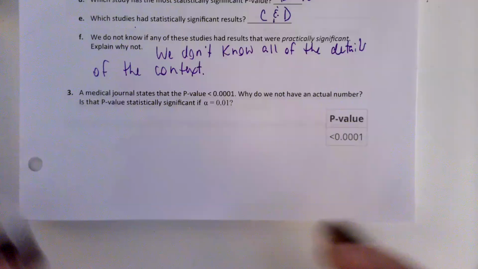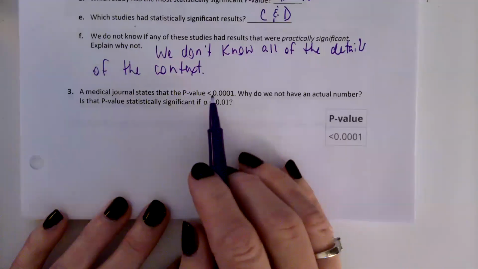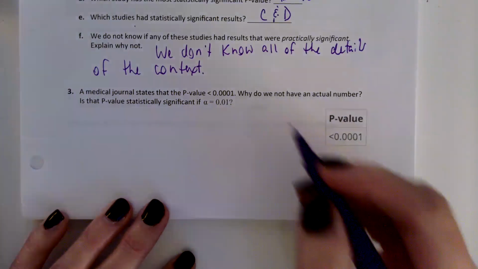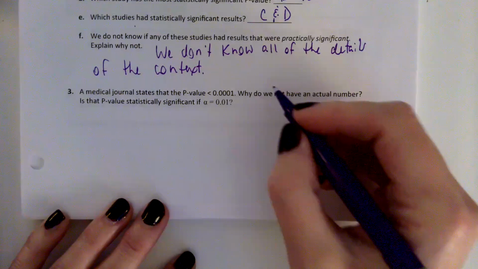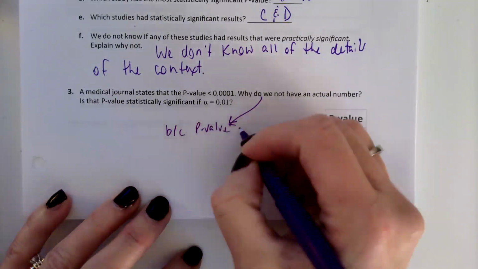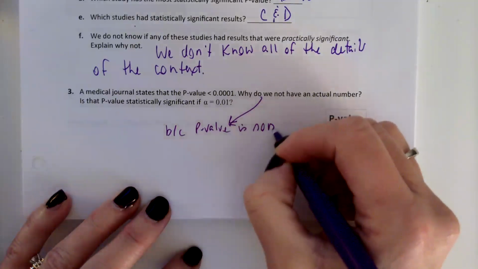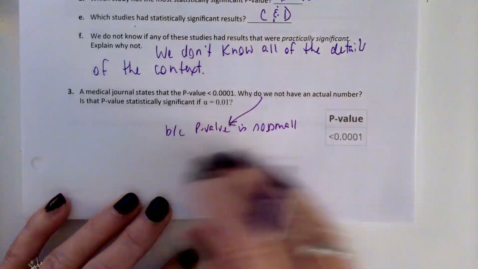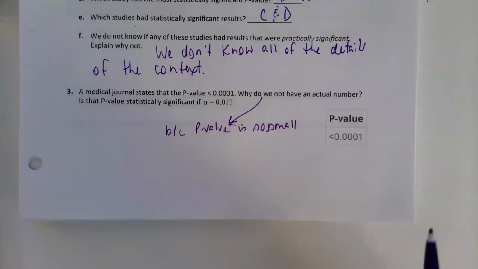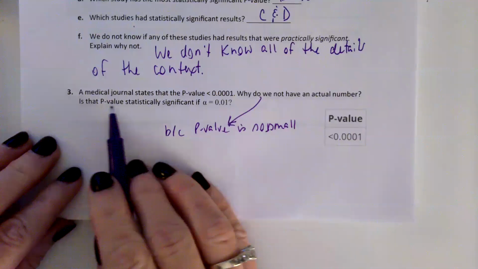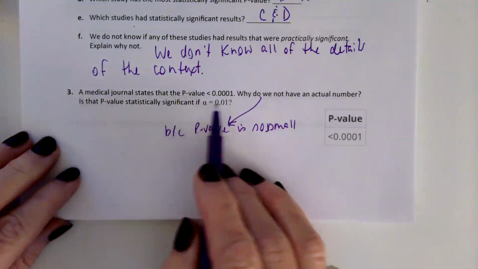Question 3 says, a medical journal states that the p-value is less than 0.0001. Why do we not have an actual number? Okay, and that's because the p-value is so small that they would have to write it in scientific notation. And then it says, is that p-value statistically significant at alpha 0.01?